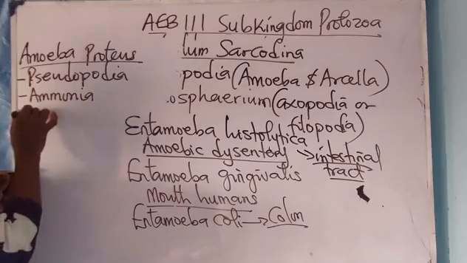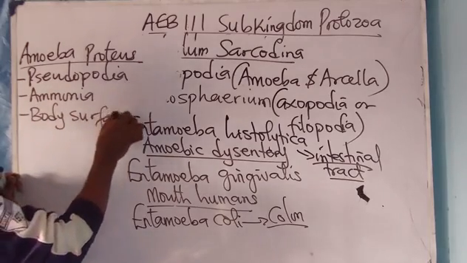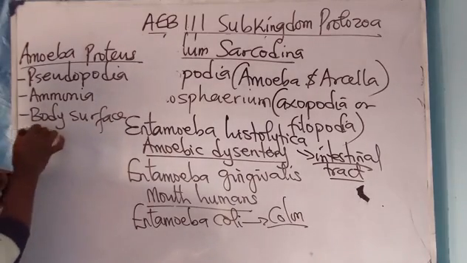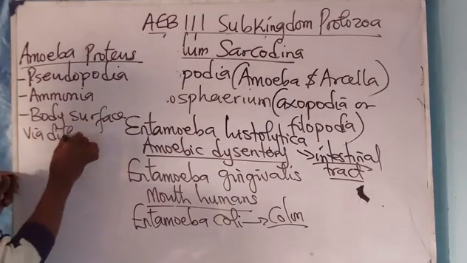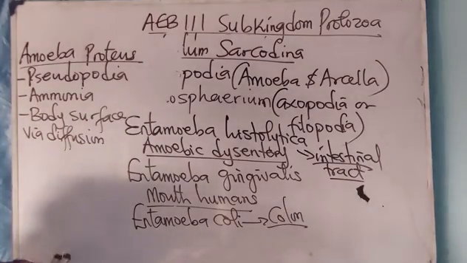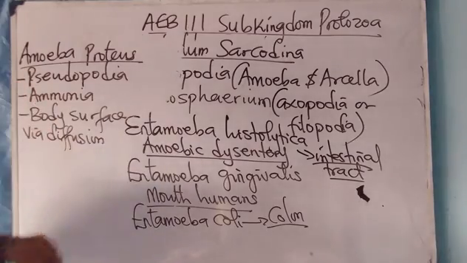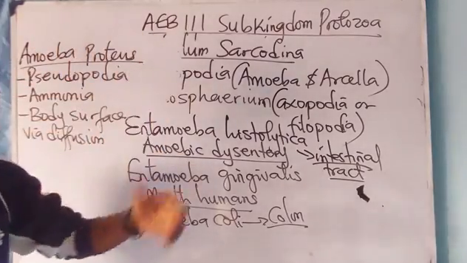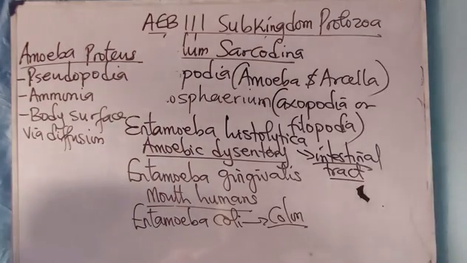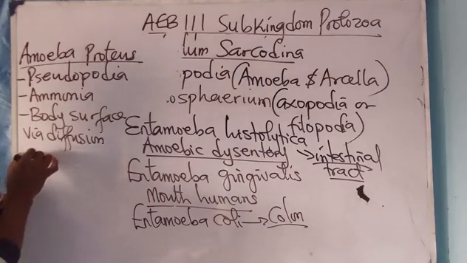Respiration is through the body surface via diffusion. Respiration occurs on the body surface. Another feature of Amoeba proteus is that excretion is through the contractile vacuole.